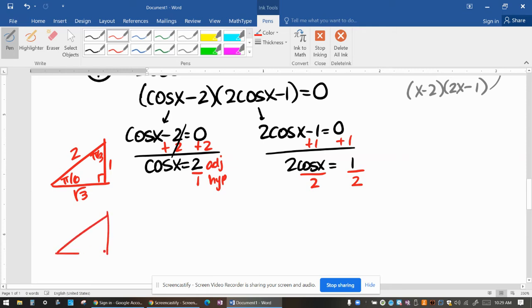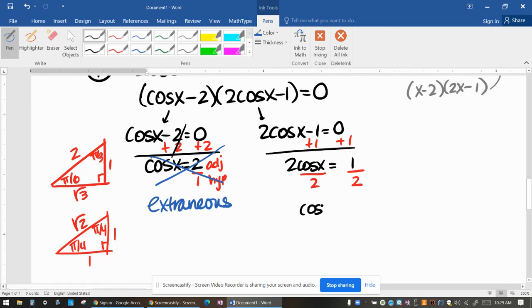Looking at both options, neither pi over 4, the 45, 45, 90, or the 30, 60, 90 would ever give me 2 over 1. I could get 1/2 if I used pi over 3, but I can't get 2 over 1. So this one is not possible. This is considered an extraneous solution. It means we did the math right, but it just doesn't work out.